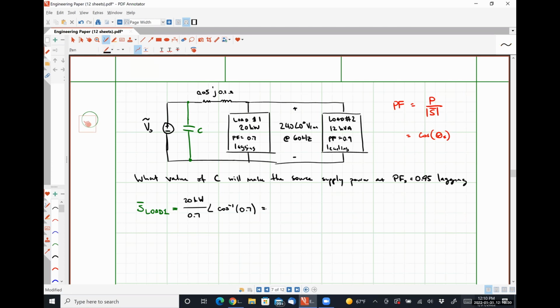If we do the math here, we get 28.571 with an angle of 45.573 degrees kilovolt amperes.